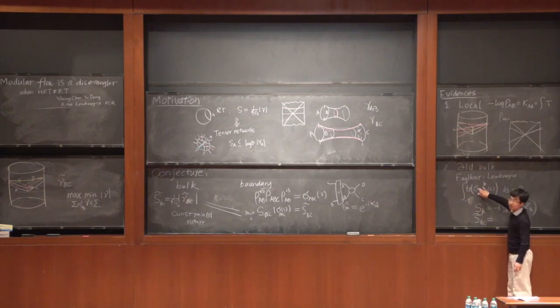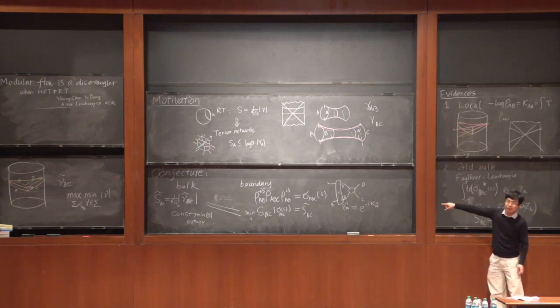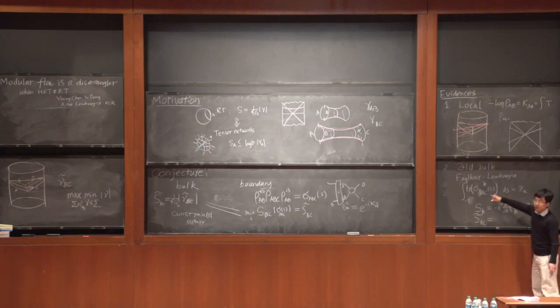Sorry, I mean sigma BC here, because I want to look at the entropy of the BC region. Sigma BC means sigma ABC, and then you trace over A. So we are doing sigma BC here, and the constrained entropy S tilde BC is the k goes to 1 limit of S_k.